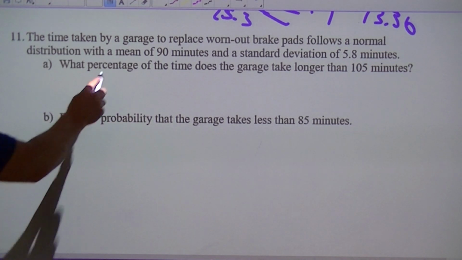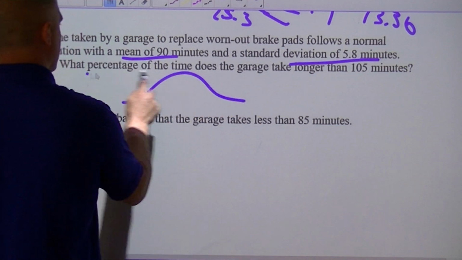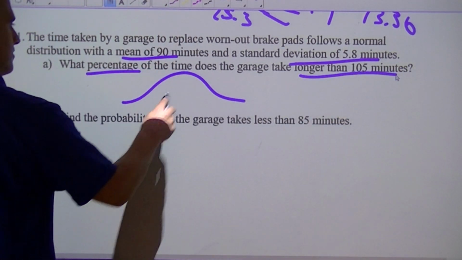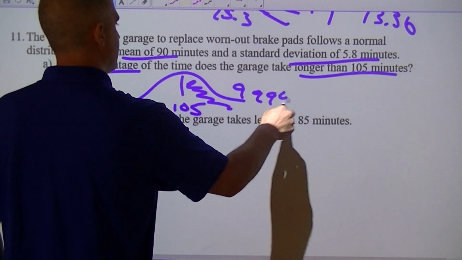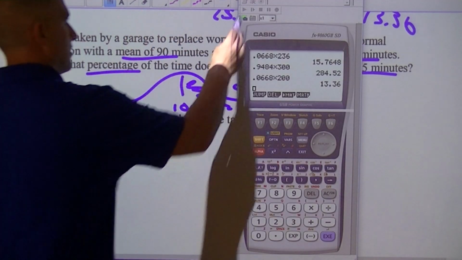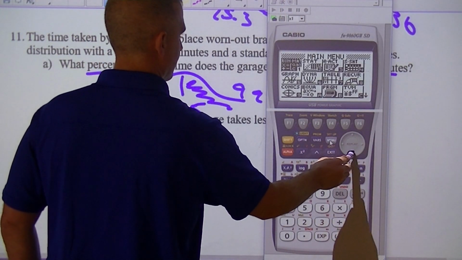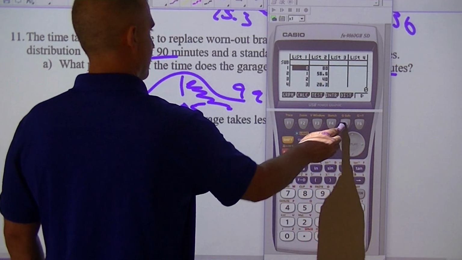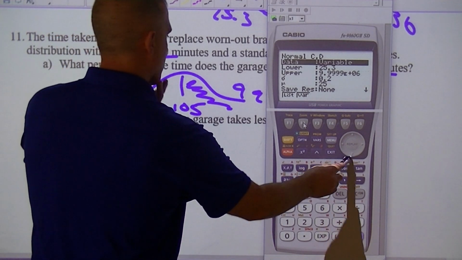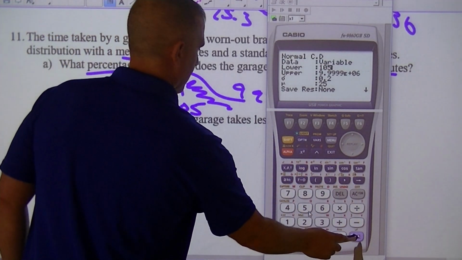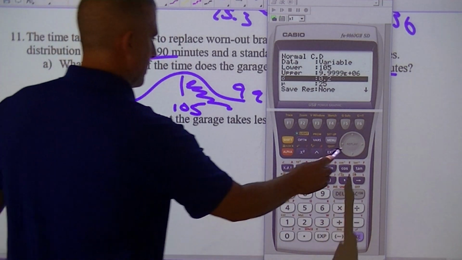All right, mean of 90, deviation of that, percentage longer than 105. Longer would be this way with the 9s. Okay, so I would have the lower being 105, the upper being the 9s. Okay, mean of 90.